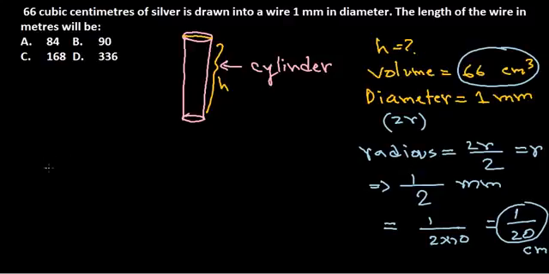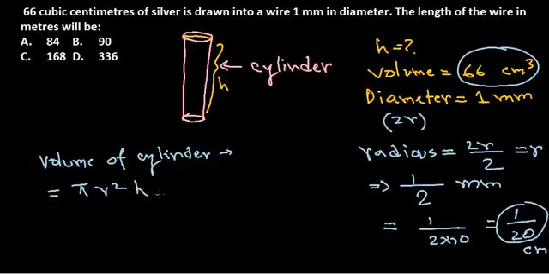Now let's form the formula. The formula for the volume of a cylinder: how to calculate that? Volume of a cylinder equals pi r square h, and here the volume is provided, 66.